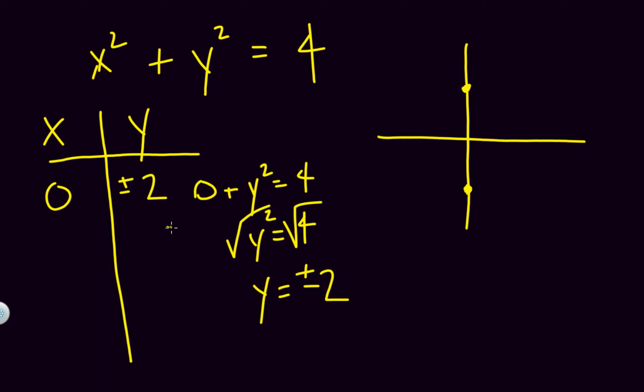Let's start with the y of 0 to do the same thing. So if y is 0, I'm left with x squared equals 4. And taking the square root of both sides again, we'll see that the x this time is going to be plus or minus 2. So that gives a 2, 0, as well as a negative 2, 0.